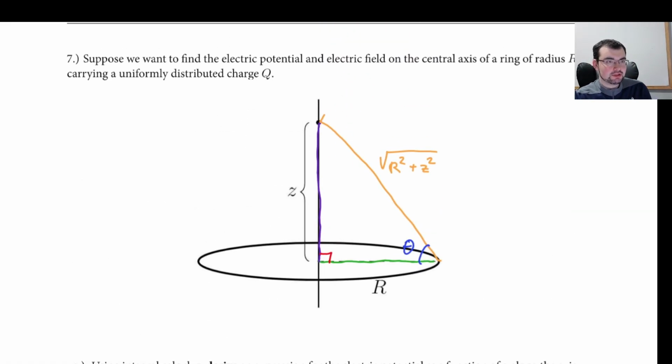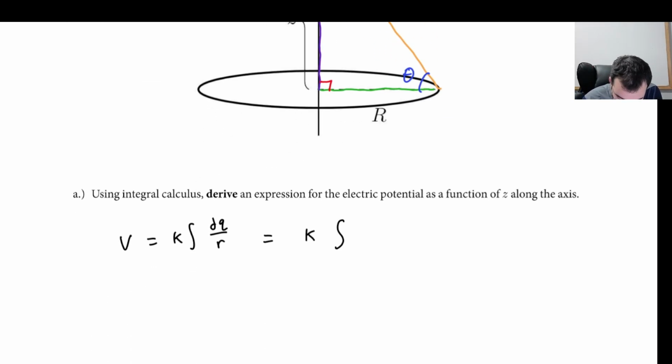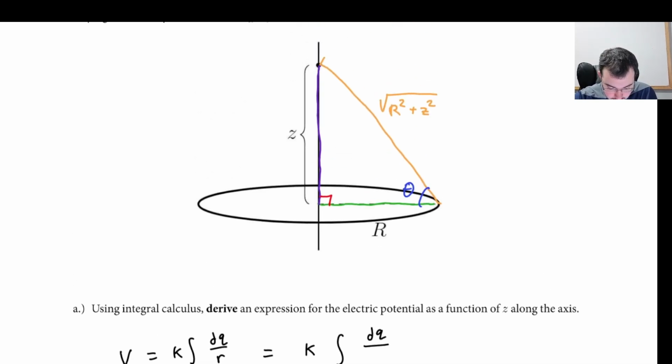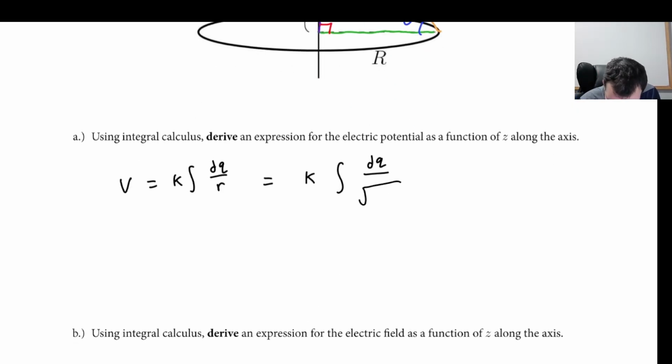Sometimes it might help just to do dq last, because if there's some nice symmetry, we see that we don't have to go through the effort of chopping up our ring. Because in this case, dq is dq still. But what is r? Well, r is that distance to a segment on the ring, which is the square root of r squared plus z squared.